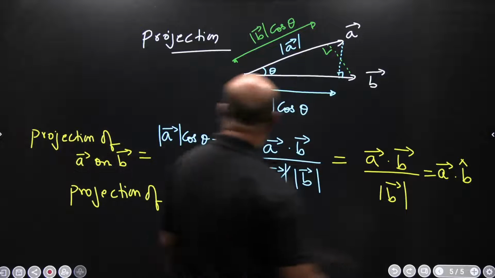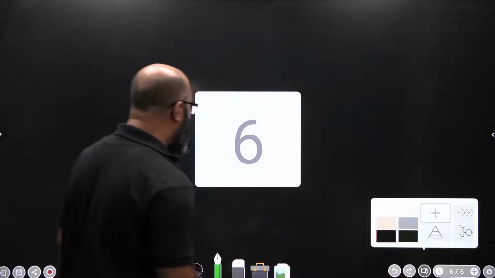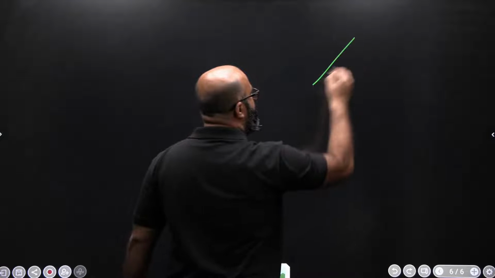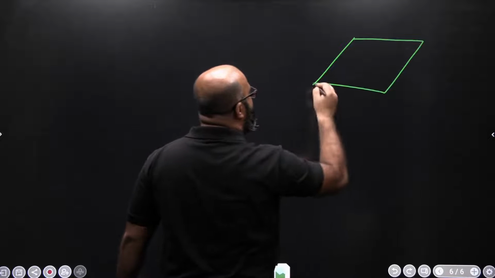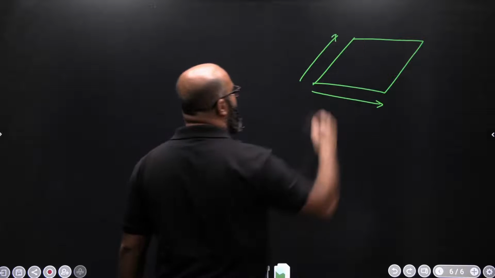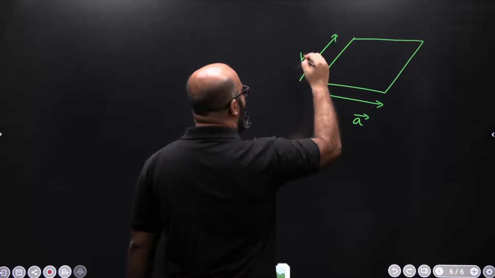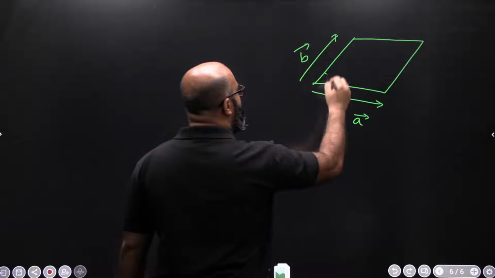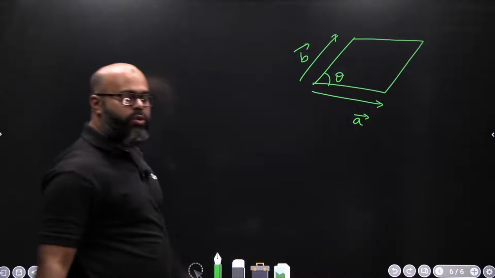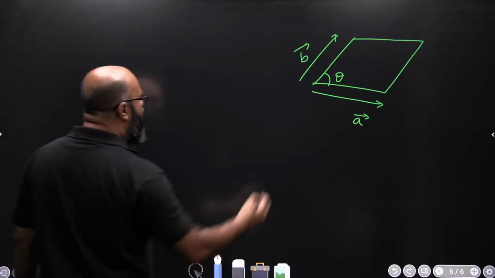Next we have another application. Suppose we are given a parallelogram and it is asked to find its area, where the adjacent sides are vectors A and B and the angle between them is suppose theta, which we again do not know right now. So can you find the area of this parallelogram?